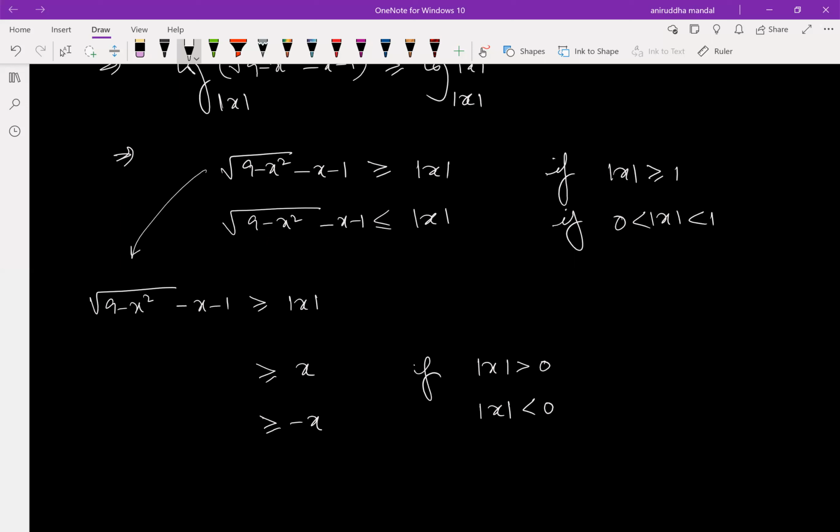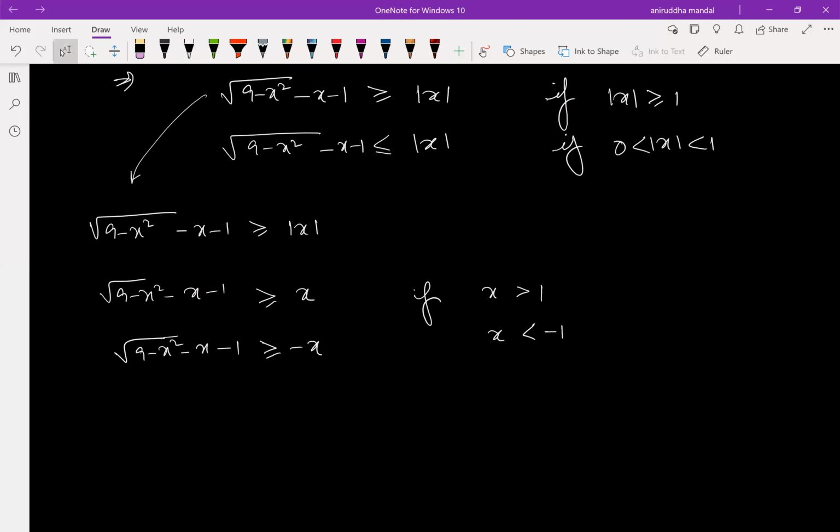Actually, not greater than 0 and less than 0, it is greater than 1, because our initial condition is mod x greater than 1, and our second condition is mod x less than 1. This is x. Now say this is square root of 9 minus x square, minus x minus 1, and this is square root of 9 minus x square, minus x.